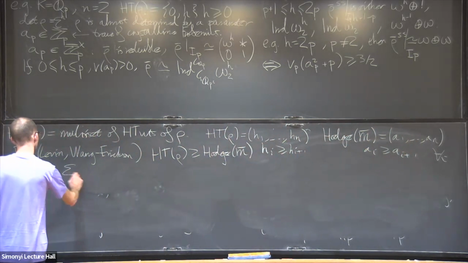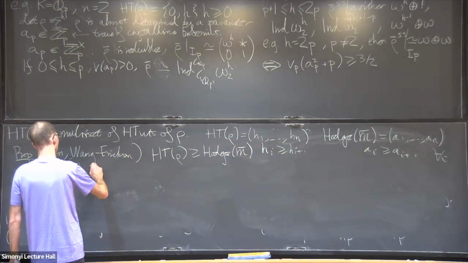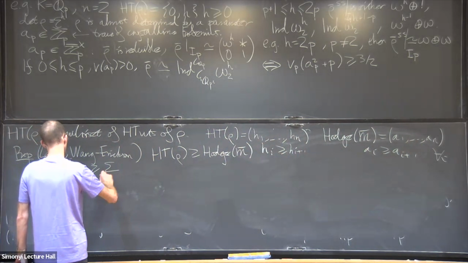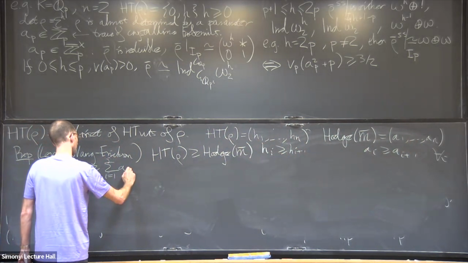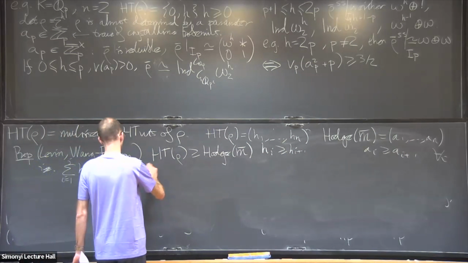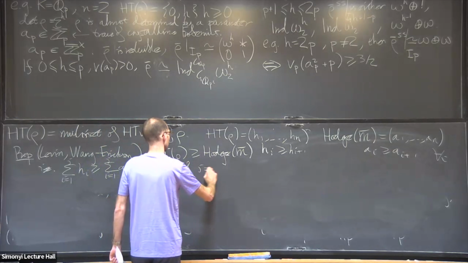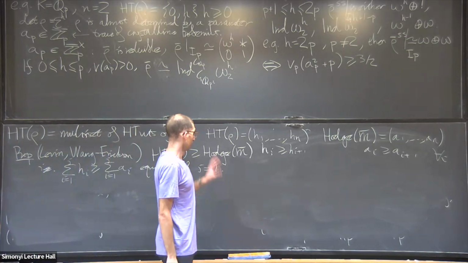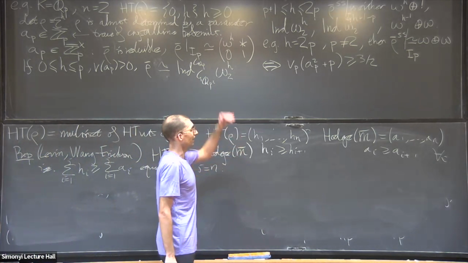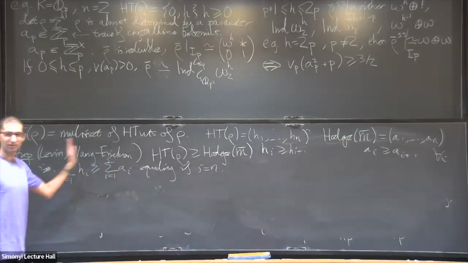So the sum over i equals 1 to j of Hi is at least the sum over i equals 1 to j of Ai, with equality at the end. I'll say something slightly more in a bit about how you can see the Hodge filtration on the characteristic 0 or the integral Breuil-Kisin module M, and then this statement is some semi-continuity statement.